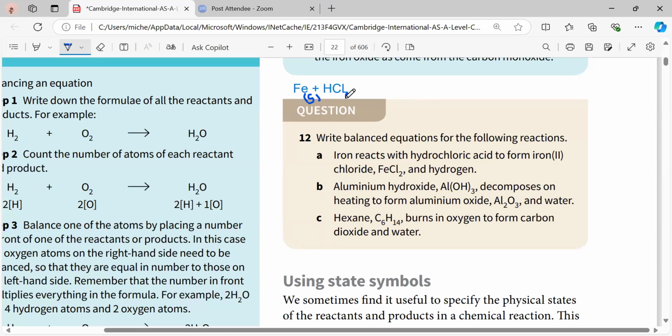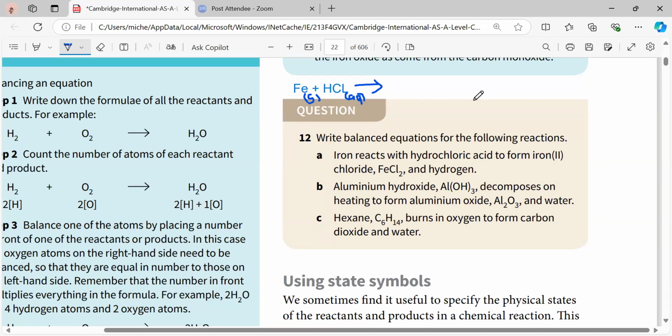Here we have liquid, so we use aqueous. So this is AQ as the symbol. And then it is to form. When we say to form, it means this is the reactant, and after we draw this arrow, the forming one will be the final product.